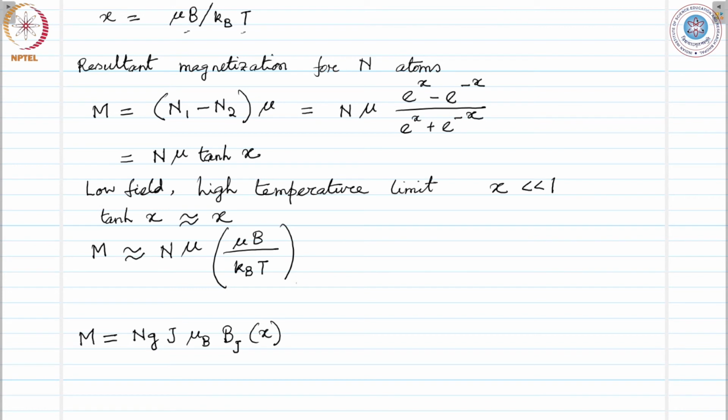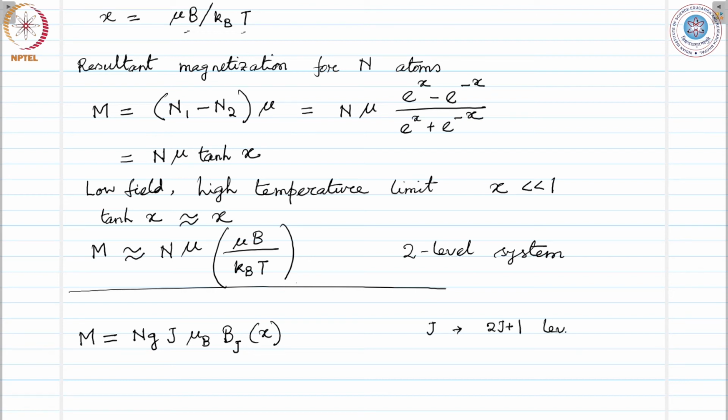Whatever we did up to here was for a two level system, and this one is for total angular momentum J, that means a 2J plus 1 levels system.